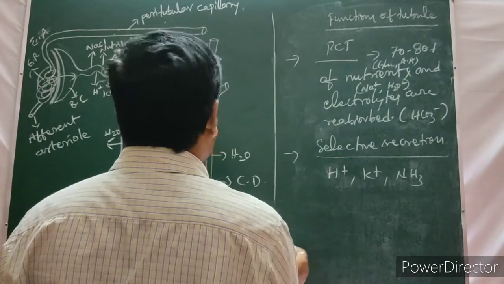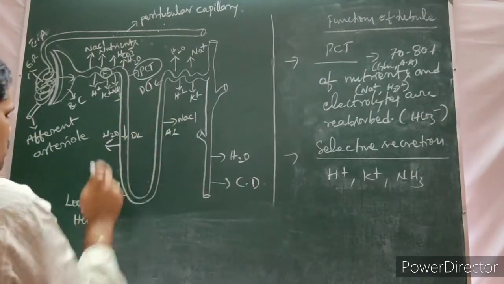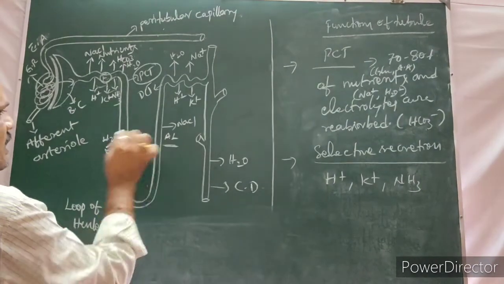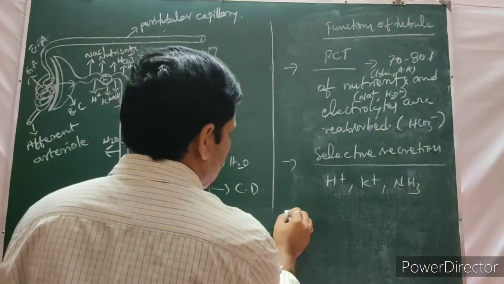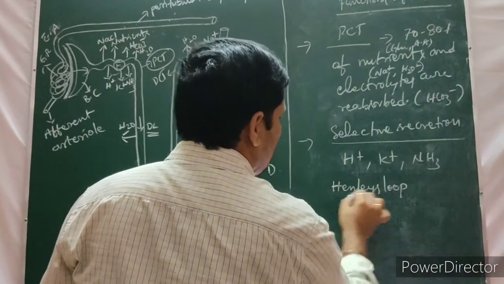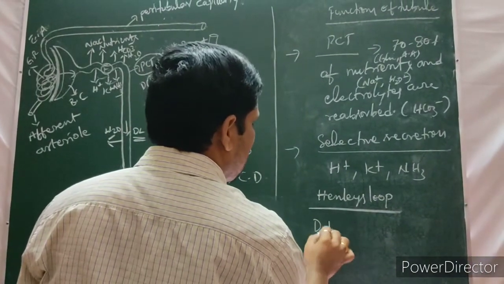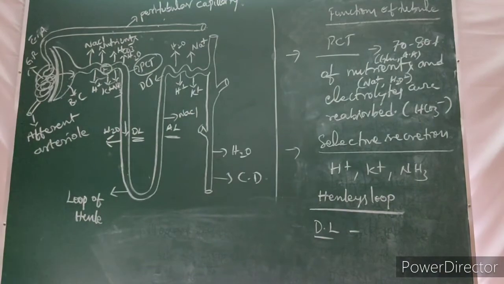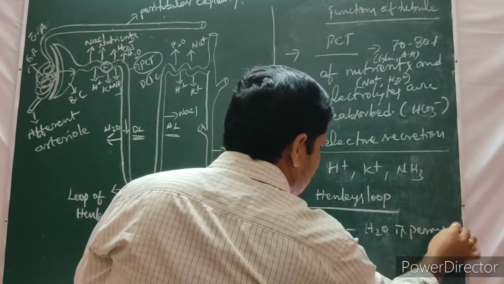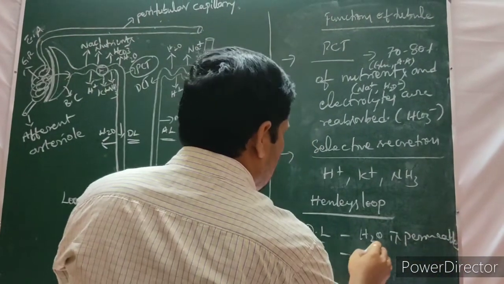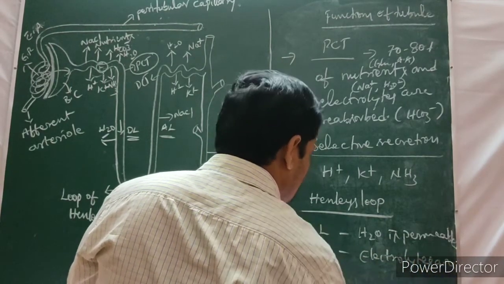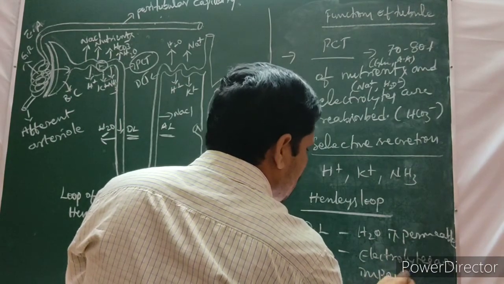The next one, after the PCT, is Henle's loop or loop of Henle, which has 2 limbs, the descending limb and the ascending limb. What is the importance of Henle's loop? Here in the descending limb, water is permeable. Electrolytes are nearly impermeable.